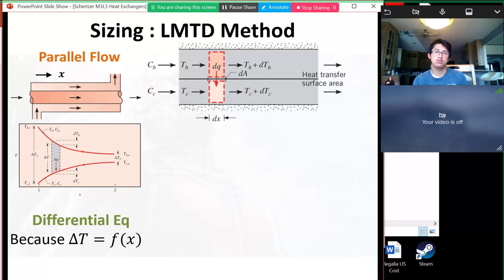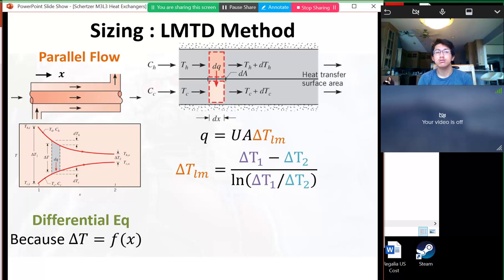So this actually becomes a differential equation because the local temperature difference between the hot side and the cold side is a function of position down the pipe. So we're going to define Q as the effective heat transfer coefficient times the surface area, so the area of heat transfer between these two fluids, multiplied by the log mean temperature difference.